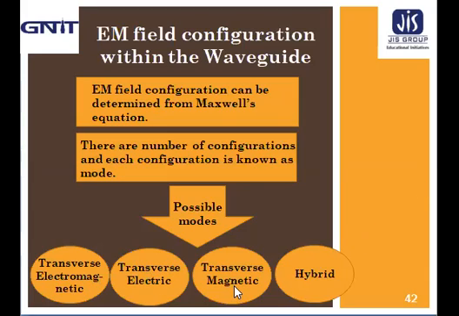Next is the transverse magnetic wave. Here, only the magnetic field is transverse to the direction of propagation, and the electric field is not purely transverse. That means Ez not equal to 0 and Hz equal to 0.